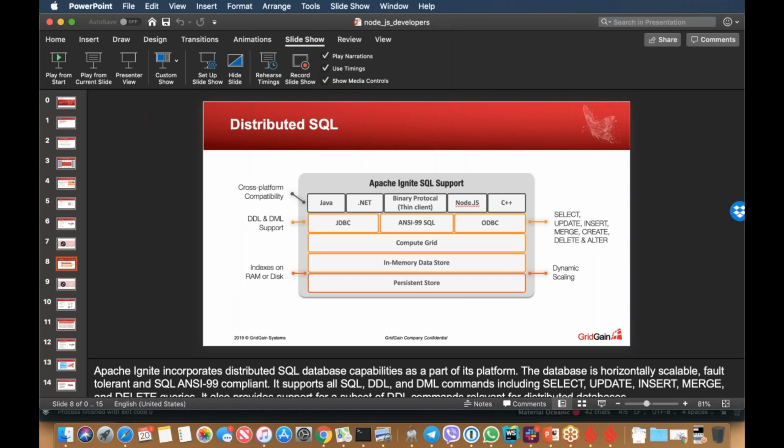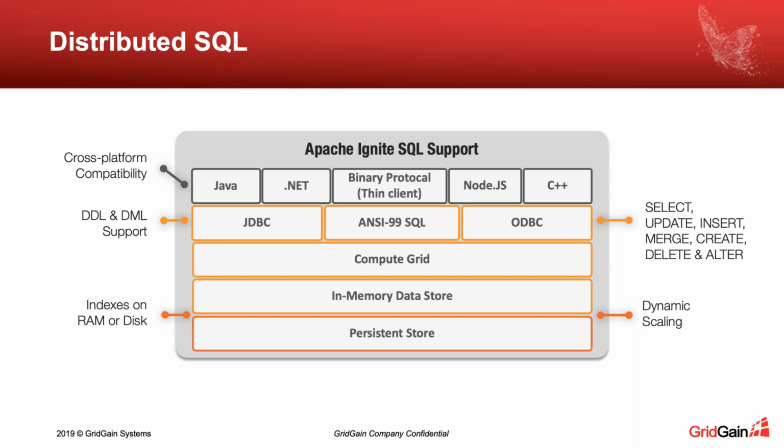If we talk about SQL capabilities, the reason why I want to spend a little bit more time on that is because historically, when Ignite was helping to solve speed and scale problems for Java and .NET communities, a lot of the applications initially were designed with the usage of the SQL language.